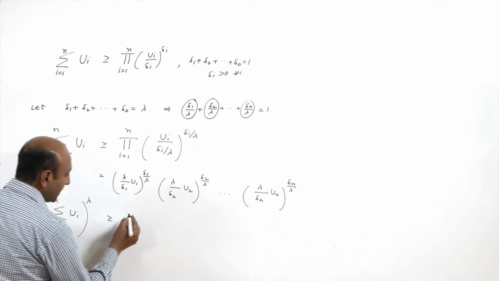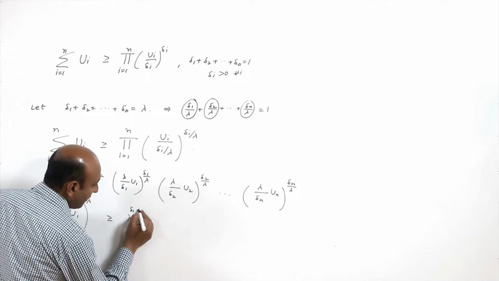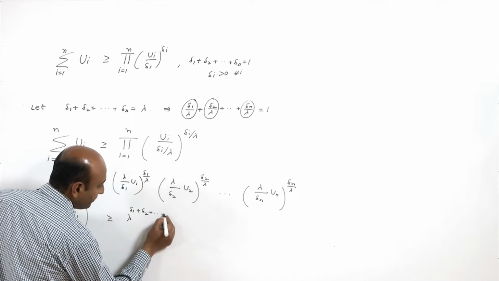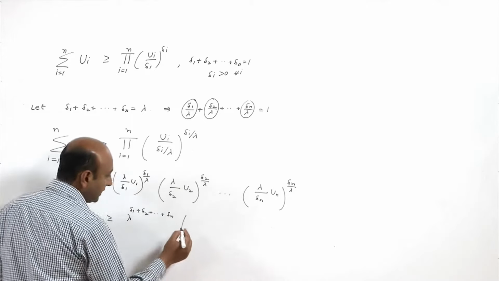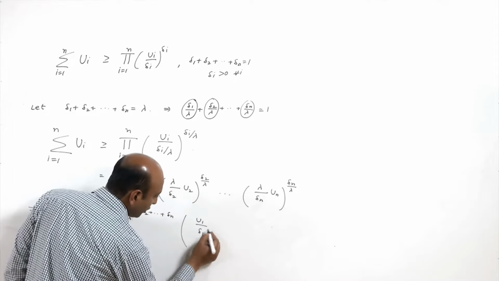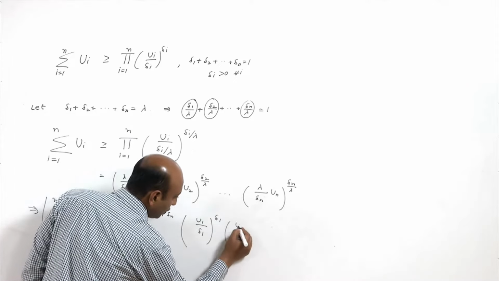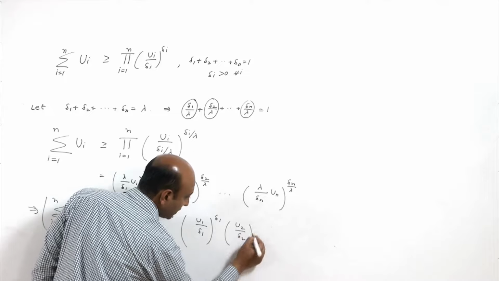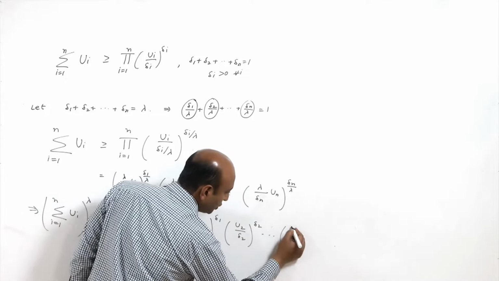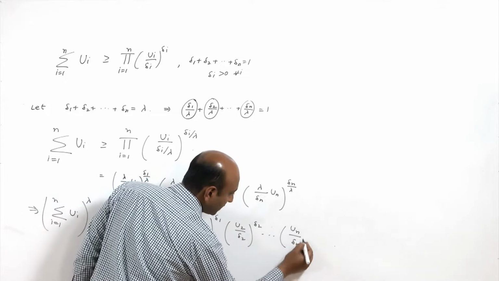It is lambda raised to the power delta_1, lambda raised to the power delta_2, and so on, so they will add up, and the remaining terms will be (u_1 upon delta_1) whole raised to the power delta_1, (u_2 upon delta_2) whole raised to the power delta_2, and so on up to (u_n upon delta_n) whole raised to the power delta_n.